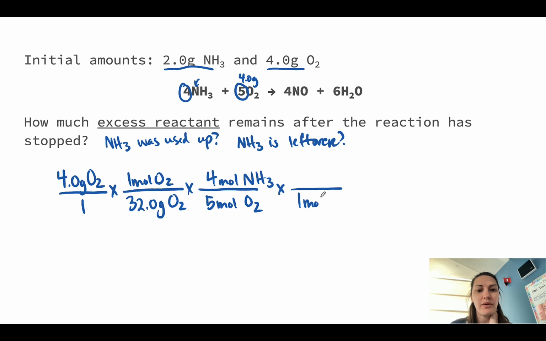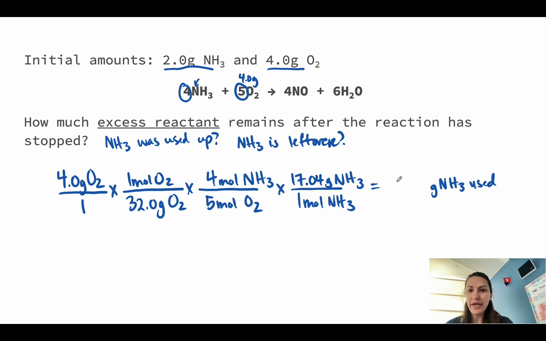So I've got 1 mole of NH3 to 17.04 grams of NH3. And so what this is going to tell us is the grams of NH3 used up by the reaction when I react it with exactly 4 grams of oxygen. So I've got 4 times 4 times 17.04, and then I divide by 32, and then I divide by 5. So it used up 1.70 grams of NH3.